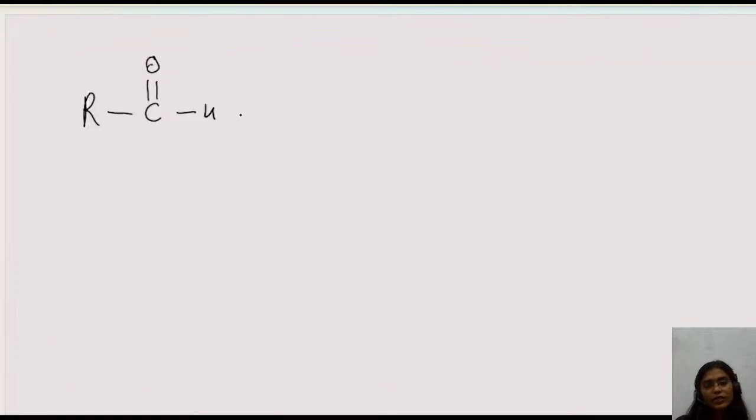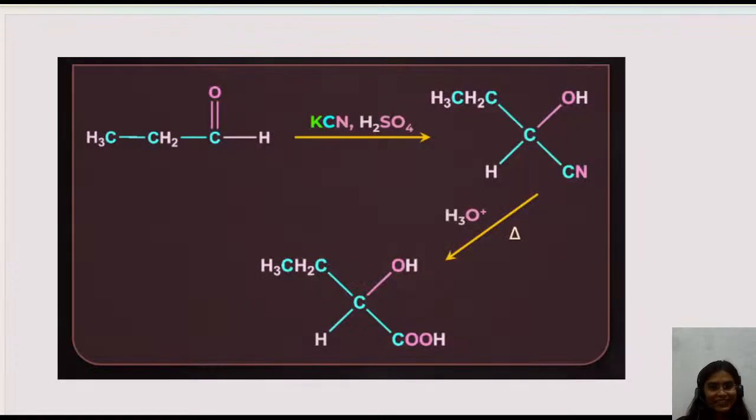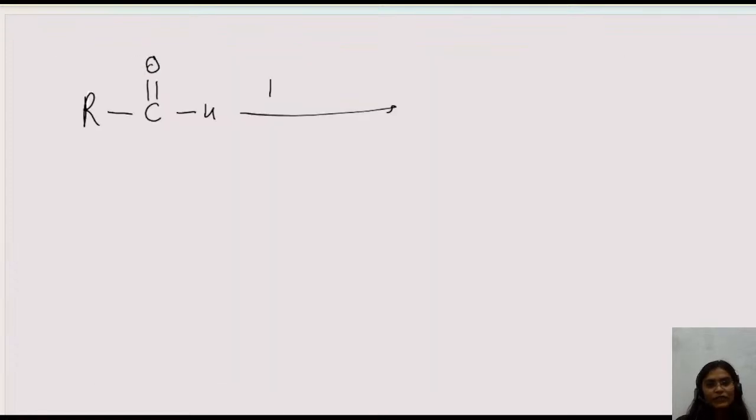In this case, if I'm using aldehyde, and we use KCN and H2SO4 there, the same type of mechanism we already covered in the benzoin, if you remember. I guess it's been so many days, so maybe you already forgot.